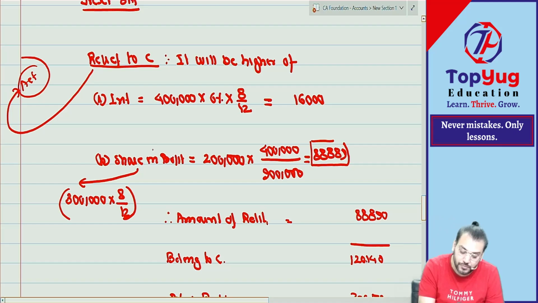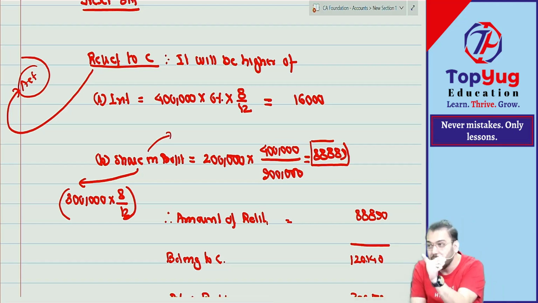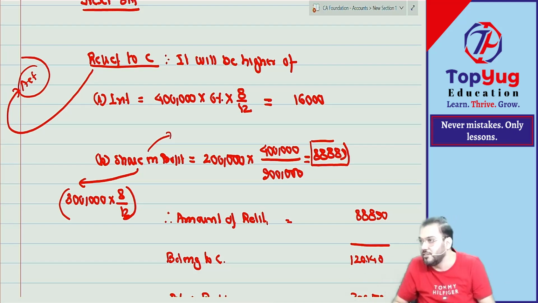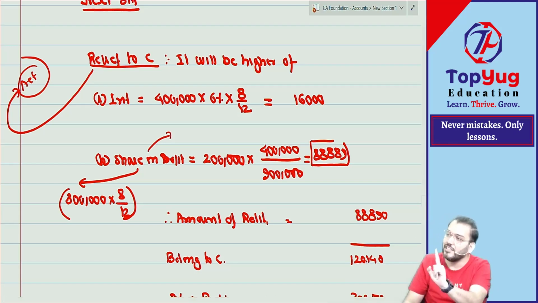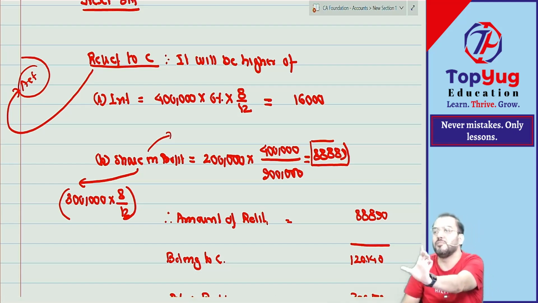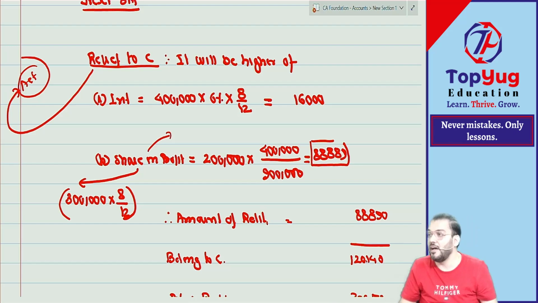Suppose there is a loss. The partnership firm is still using this money, so he should get some minimum interest. Otherwise the firm could convert profit into loss and say it will not pay. So the Act says you should give at least this much interest, but if you earn higher profit, he is also entitled to the higher amount.